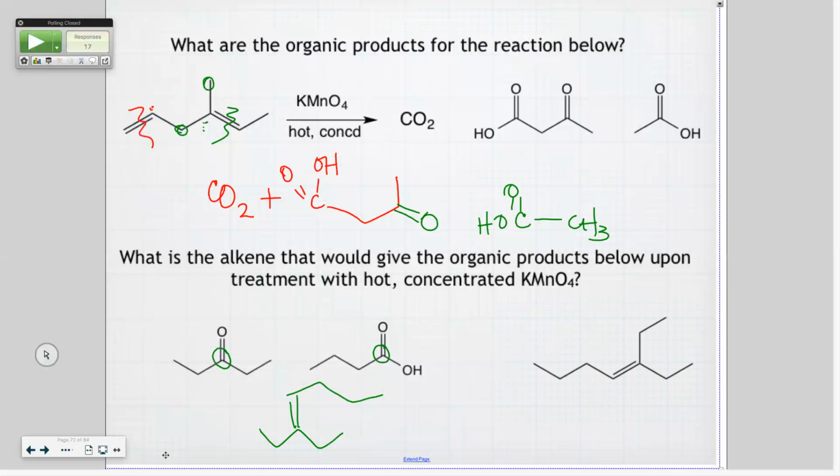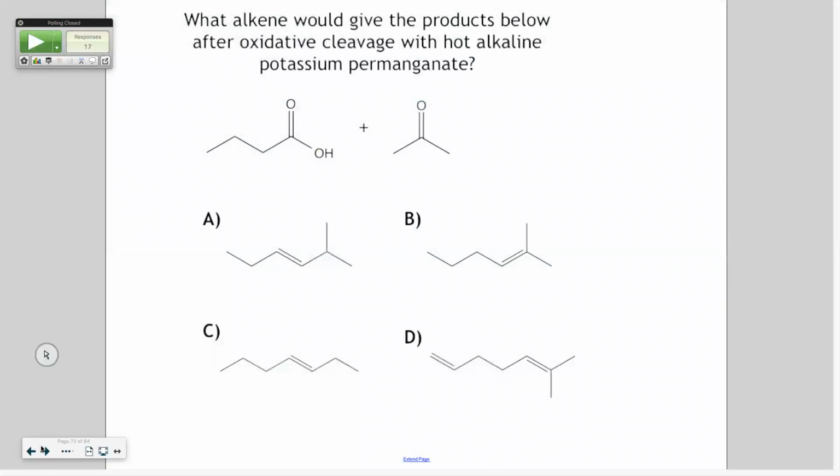Okay, we're going to do another one. Do you have another slide with it? Oh, maybe we do it after we do the ozone. All right, is ozone the next slide? Okay. Oh, no, we just have this. Okay.